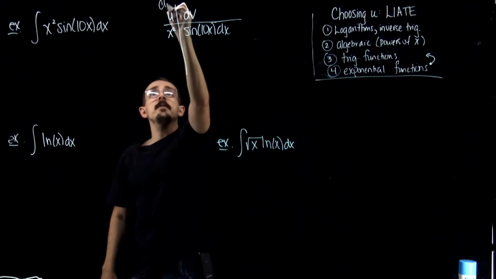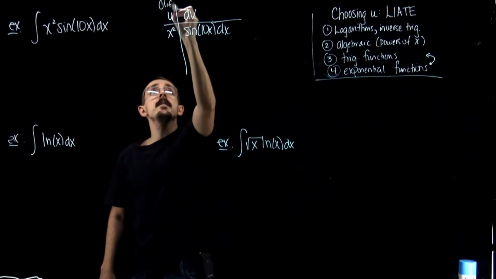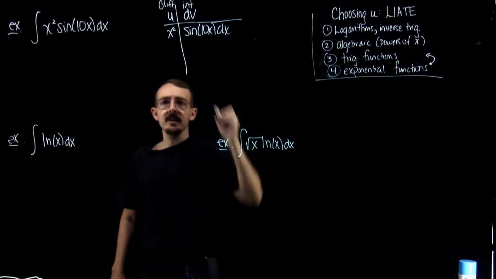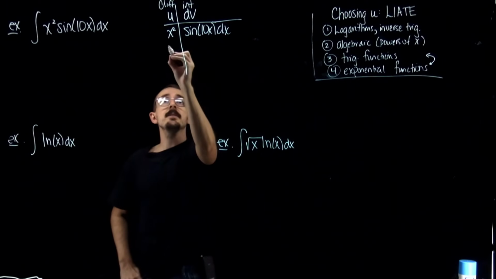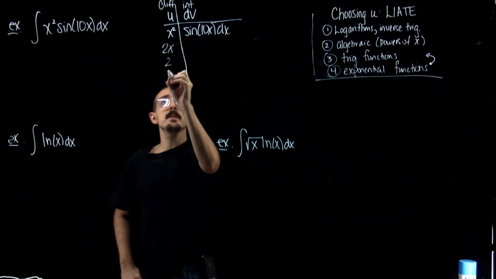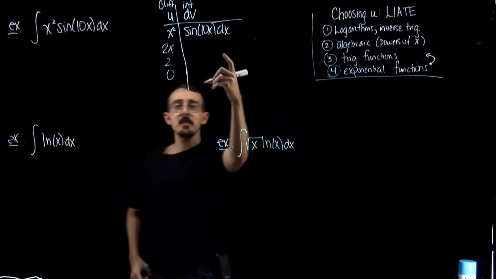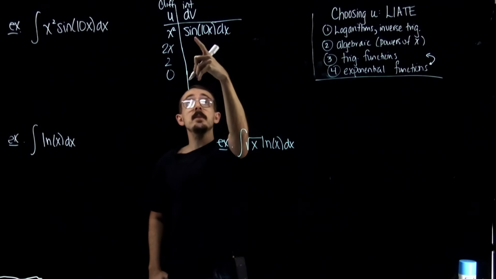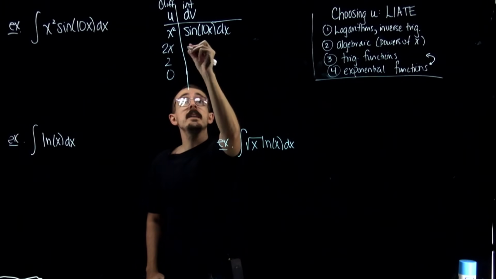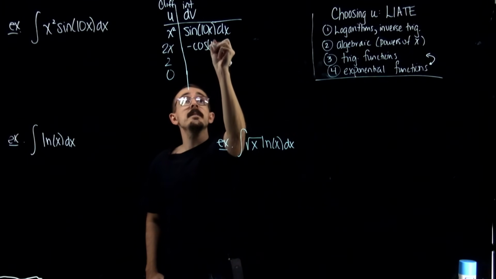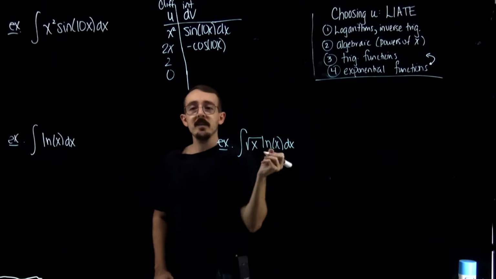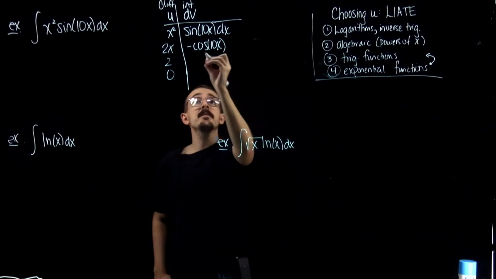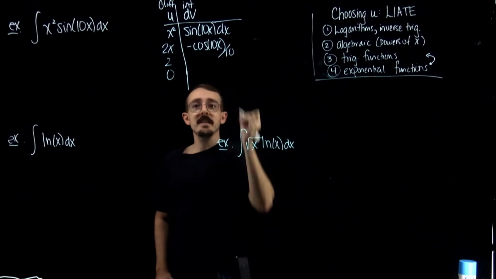Remember, you're going to differentiate the left column, and you're going to integrate the right column. So this will be 2x, 2, and 0. If I differentiate this, going backwards here, you have to be pretty careful. The integral of sine is going to be negative cosine of 10x. However, because I'm going backwards, I need to divide by the 10.